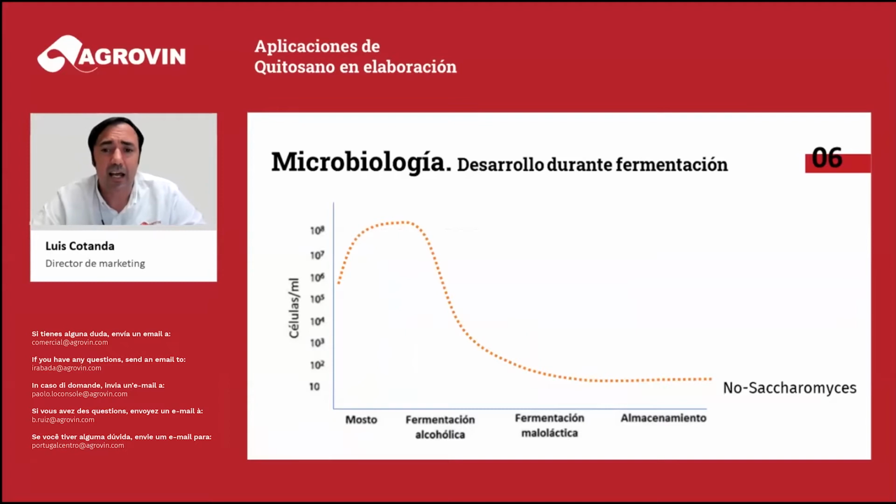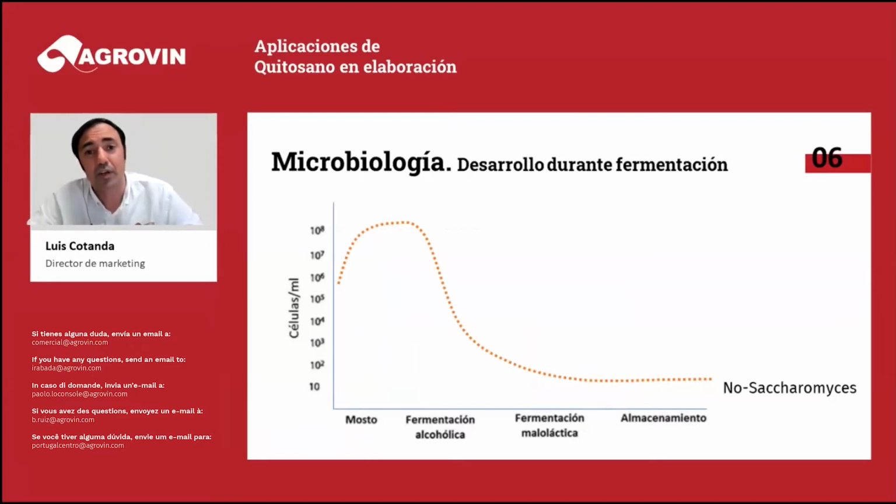These microorganisms that are naturally present in the grape are going to develop during fermentation at a variable speed depending on the pH, the sulfur dioxide, temperature, and also depending on its initial population. The higher the population, the faster their development.